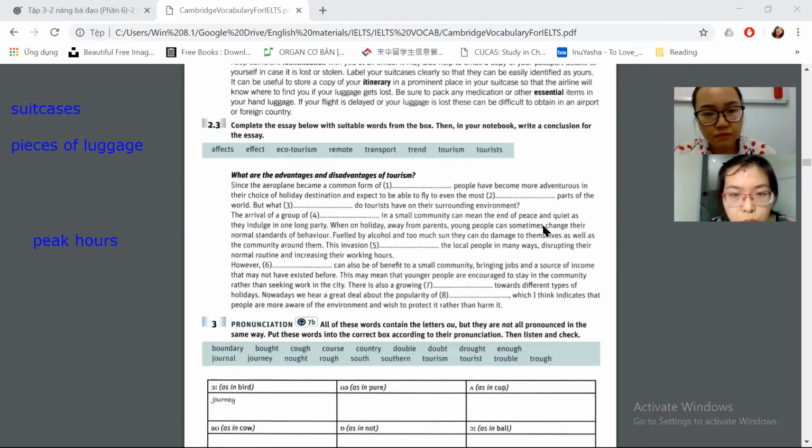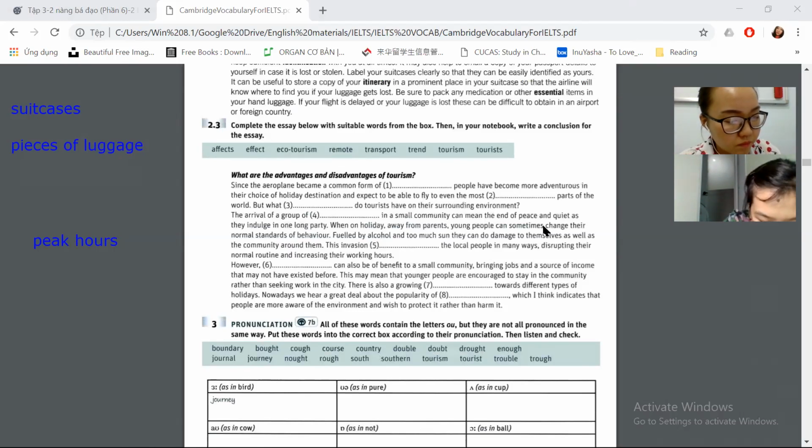But what effects do tourists have on the surrounding environment? Affects or effects? Effects. No, affects is a verb. So what effect? The effect is a noun.